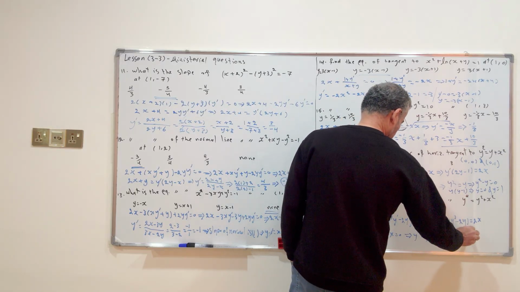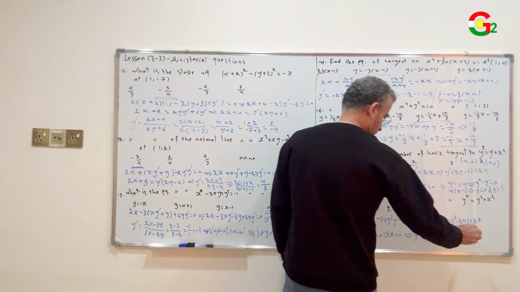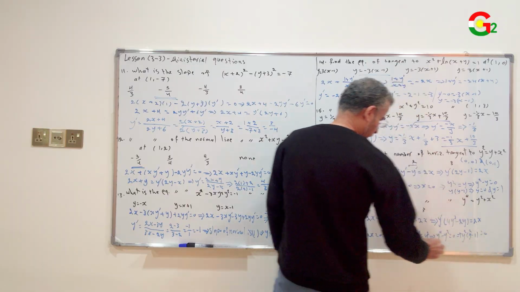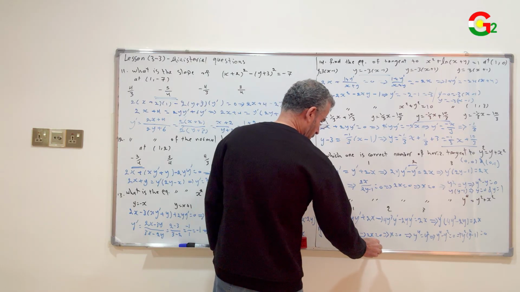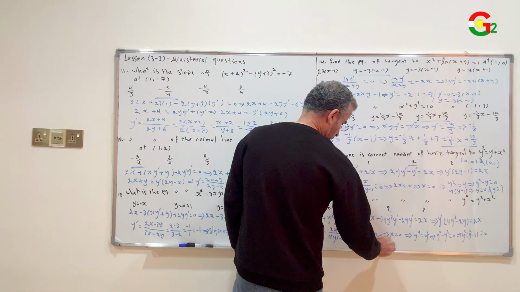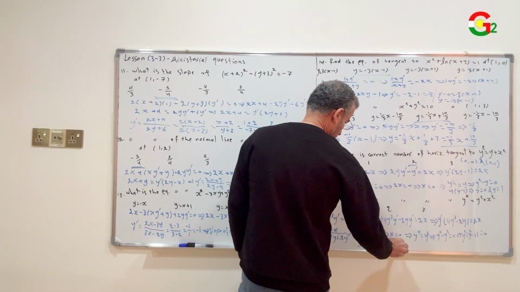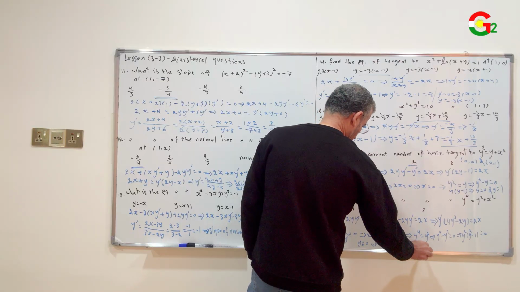Factorize by y square: y square times (y square minus 1) equals 0. Either y equals 0 or y square minus 1 equals 0, then y equals negative or positive 1.